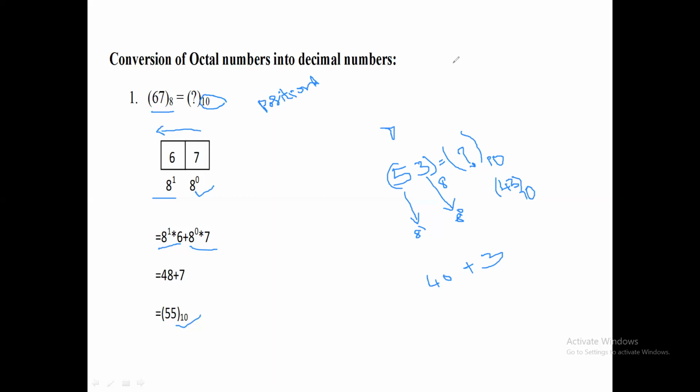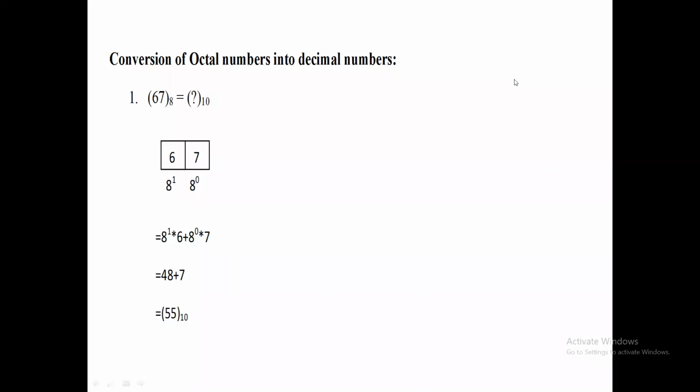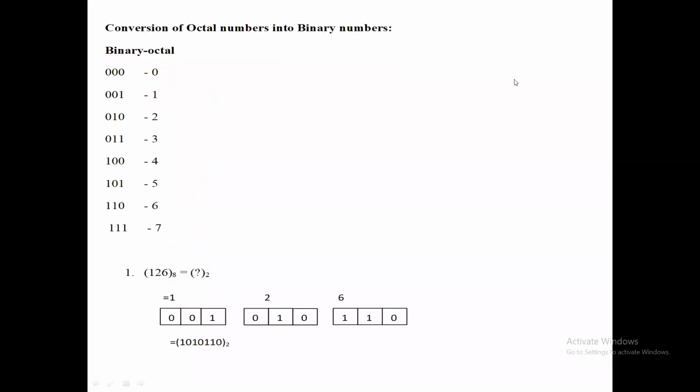right. Let's move on to the next conversion, which is conversion of octal numbers into binary numbers. Earlier we saw how to convert a binary number into octal number. This time it is octal numbers into binary numbers. It is even simpler if you can remember the 3-bit codes of the digits in octal number system.